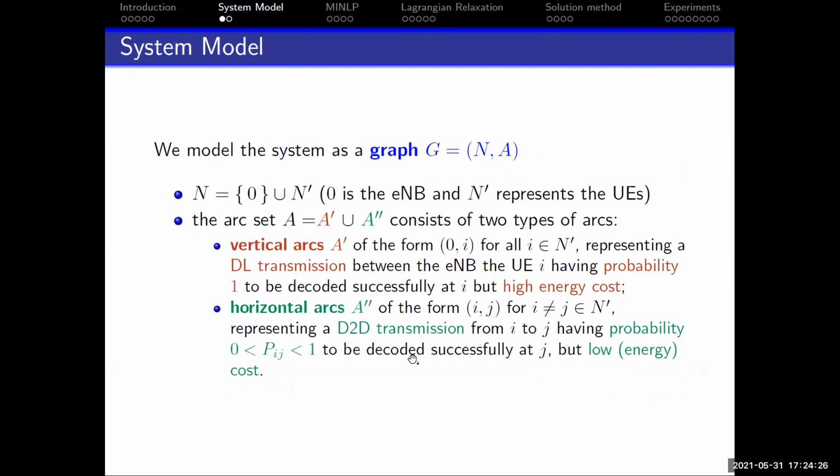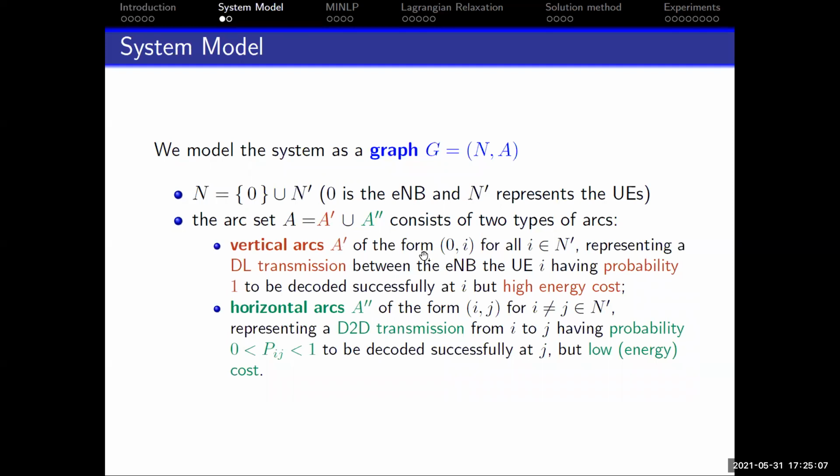So we can model the system as a directed graph, where N is the set of vertices and A is the set of arcs. Basically, N consists of node 0, which is the antenna, and the rest of the nodes, N prime, which represent the user equipments. The arcs are partitioned into two different types, the red ones and the green ones, which match the different types of communication channels I just mentioned.